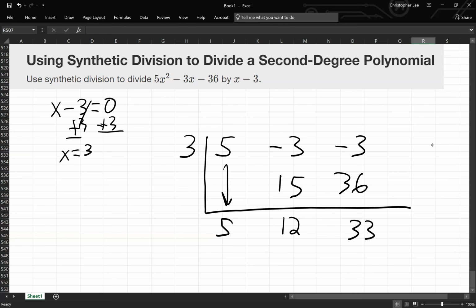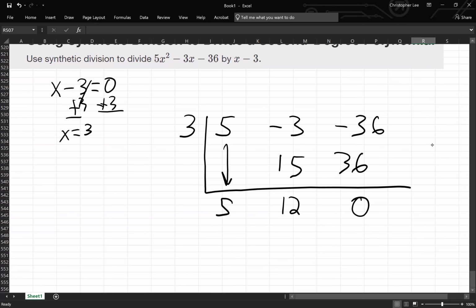No, that's supposed to be negative 36, isn't it? Thank you. Appreciate that. So negative 36 plus 36 is 0, right? So what's my quotient? My quotient is 5x plus 12.